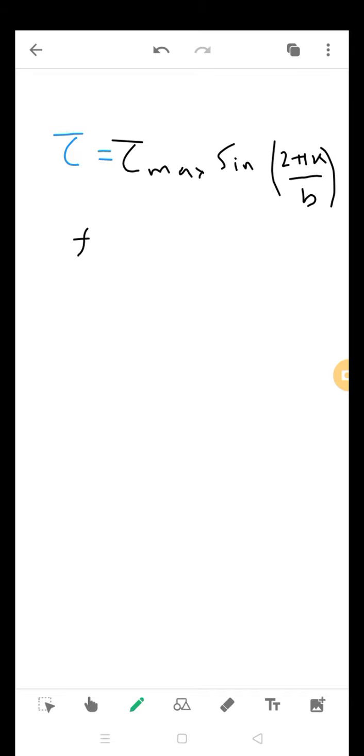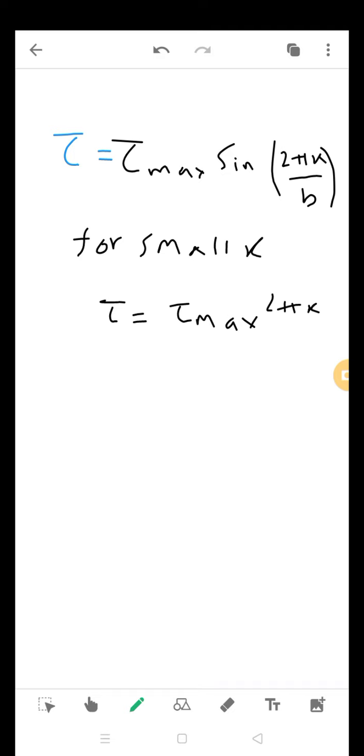For small x, tau is equal to tau max 2 pi x by b, for x much lesser than b.